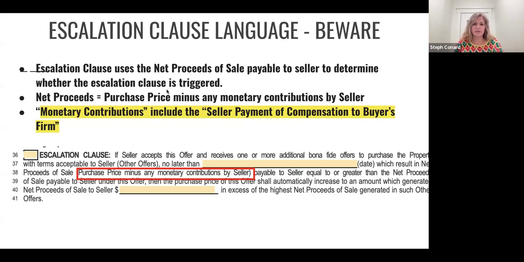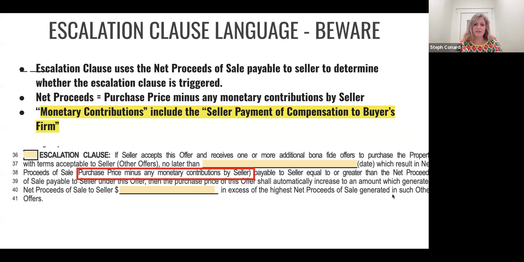I'm going to say that, and I'm also going to say, I don't know that we've been practicing that. So that's why we want to keep it pretty simple. Yes, this is a consideration we need to be making, and I just don't know how often people are using the compensation number when figuring out the net proceeds, which also leads us back to just using a multiple counter offer, and why it's nice to just use that.